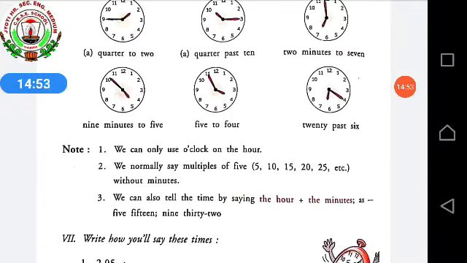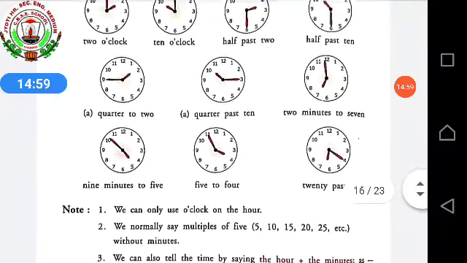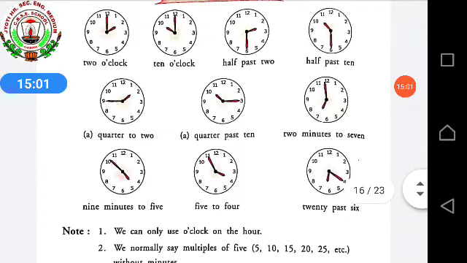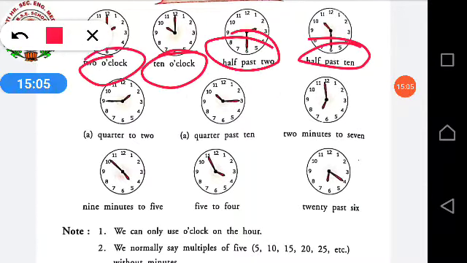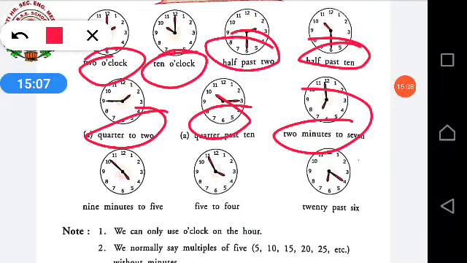We can also tell the time by saying the hour plus the minutes, like 5:15, 9:32. But here you have to use this format for telling the time. In place of saying 2:30, you'll be saying half past 2. In place of saying 10:30, you'll be saying half past 10, in this way.